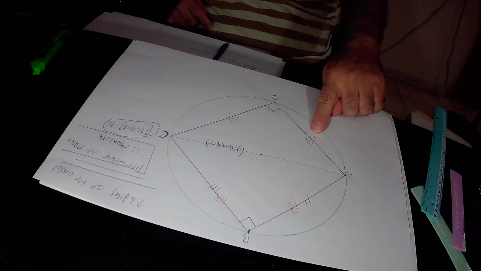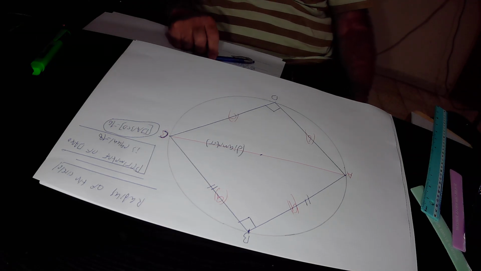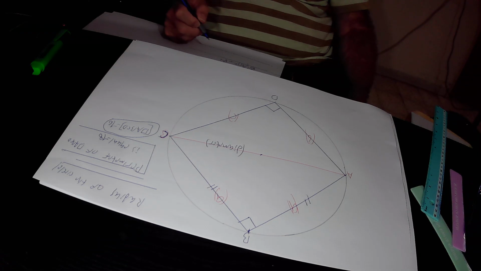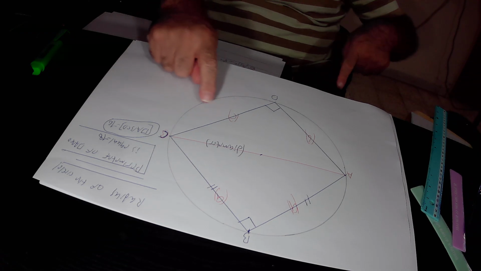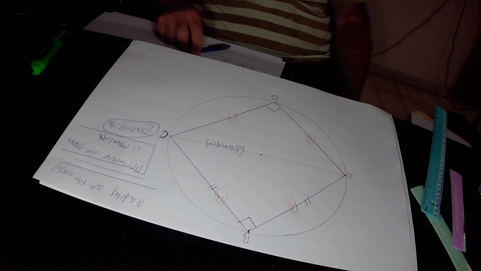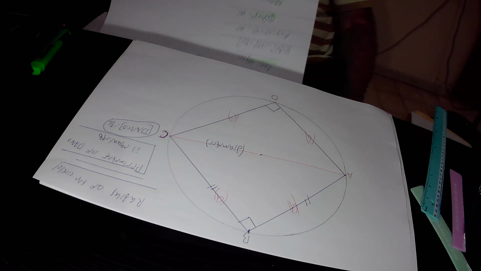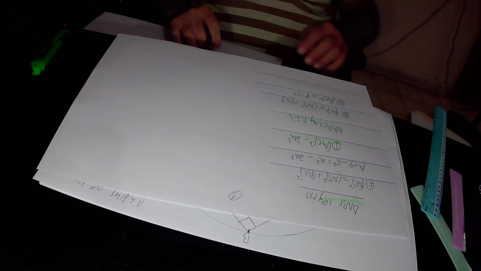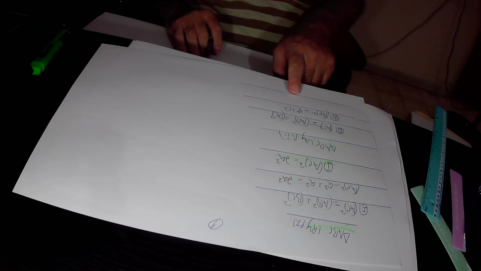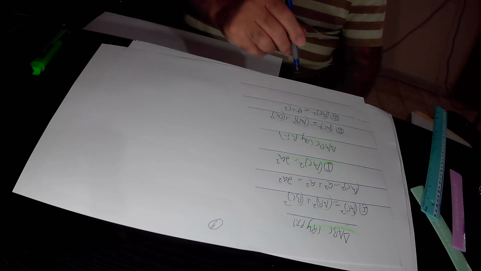AD is b, therefore AD squared is b squared, plus DC squared. DC is c, therefore DC squared is c squared. So in total, we found out that according to equation 2, AC squared equals b squared plus c squared.